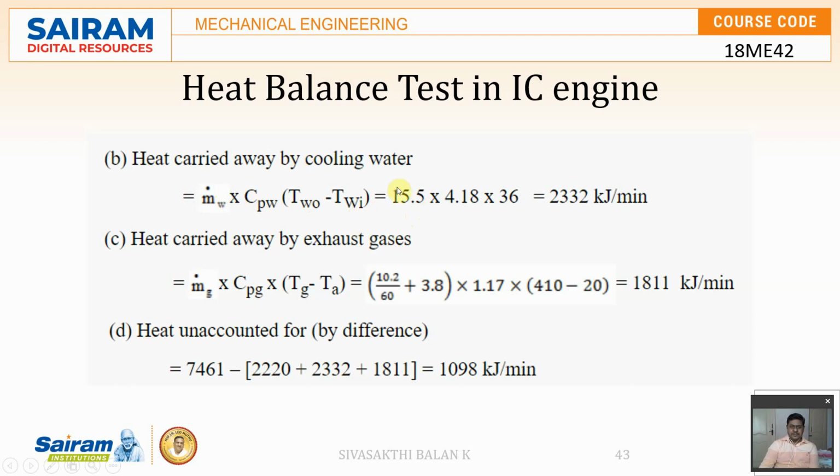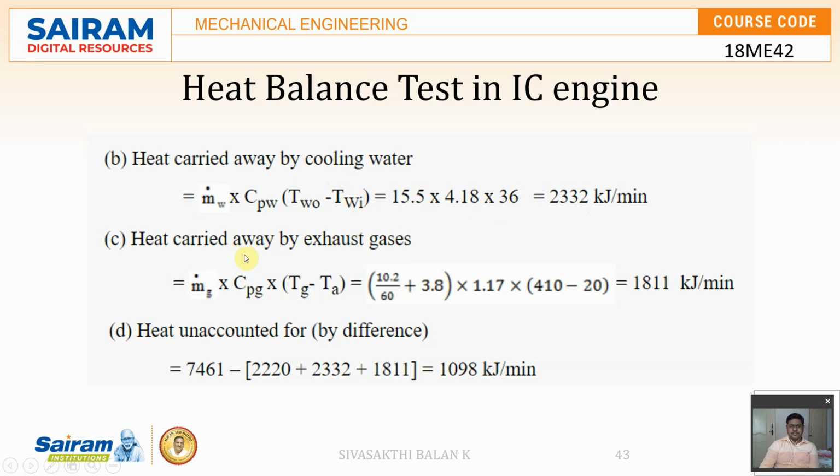The value given for the mass flow rate of cooling water is 15.5 kilograms per minute, and the specific heat of water, we know, is 4.18. If it is not given in the problem, we need to assume it as 4.18 and directly substitute. The rise in the temperature of the cooling water is 36 degrees centigrade. Since it is a temperature difference, there is no need to convert it into Kelvin. So we directly substitute all these values in the formula, and we get 2332 kilojoules per minute as the heat carried away by the cooling water.